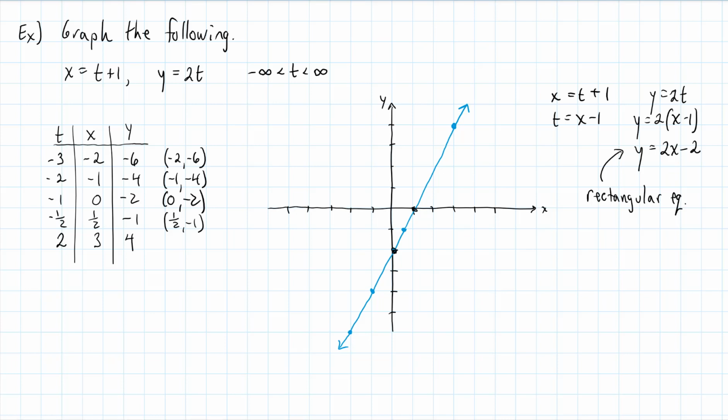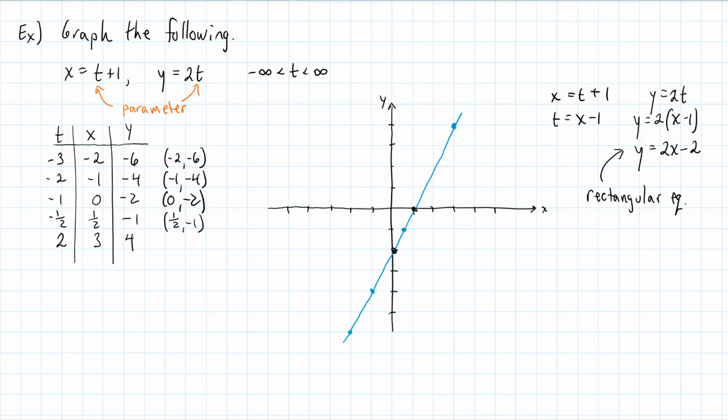Now, this t, again, we call that the parameter. That's that third variable that both depend on. And the other thing that's important here is that by introducing this parameter, if we evaluate the parametrically defined curve in numerical order, notice that is what I did in the table. I did -3, then I picked a larger value of t, -2, then a larger value of t, -1. So I let t get larger and larger. And when I do that, we get an order or a direction in which the curve was traced out.